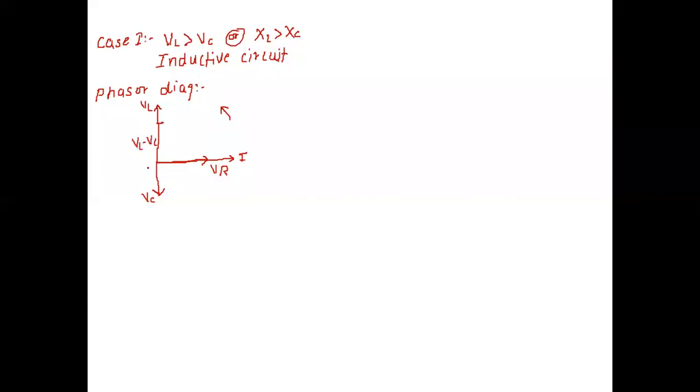From 0 to this point represents VL minus VC. When I complete the parallelogram, the hypotenuse represents the total voltage V, and the angle between the voltage and current is phi. Got my point?